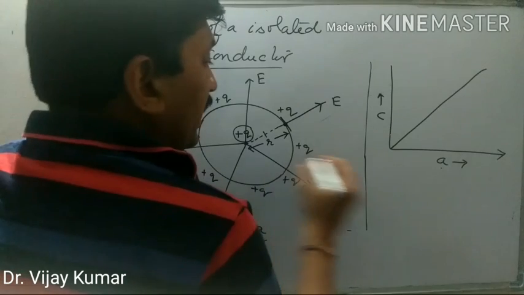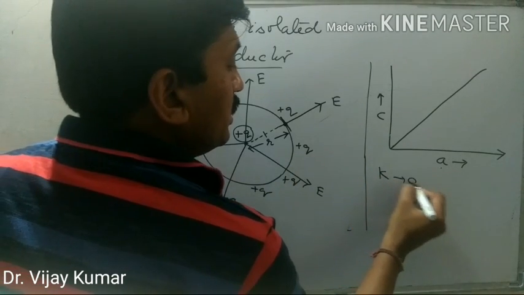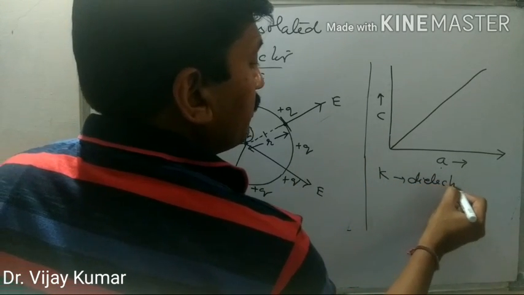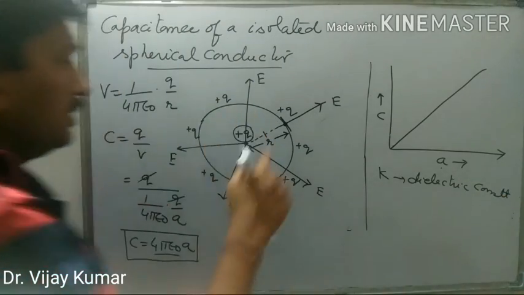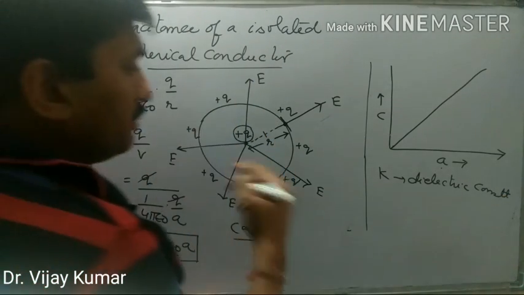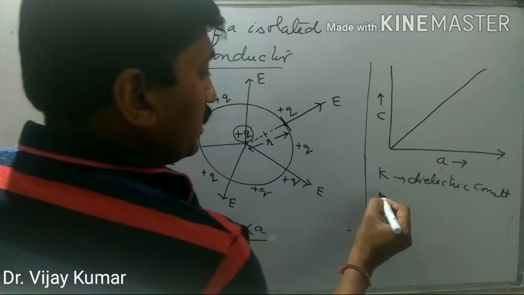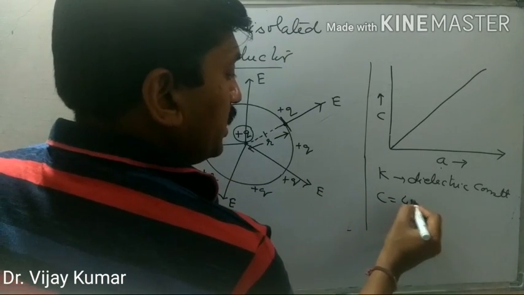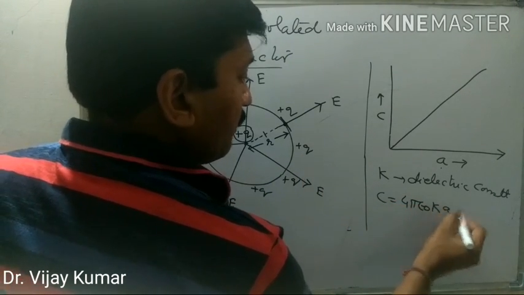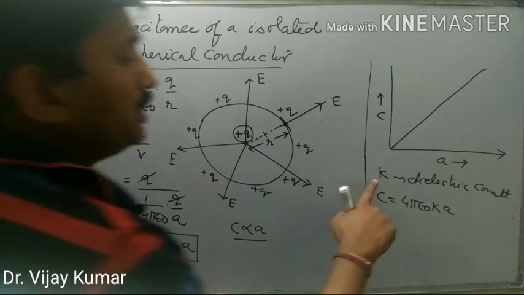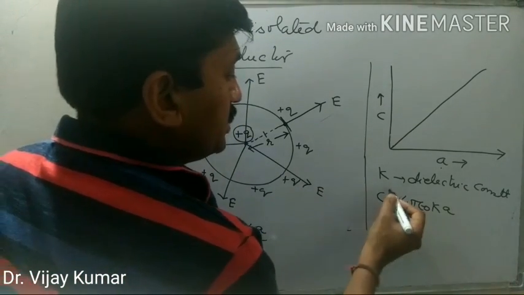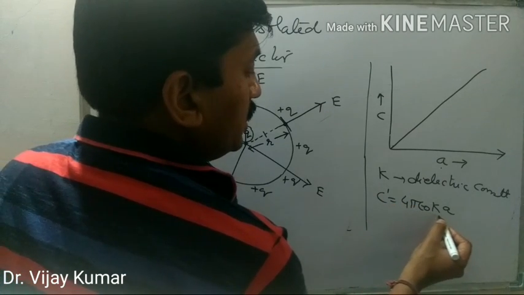And if K is the dielectric constant, and a dielectric is introduced around the sphere, then capacity should be 4 pi epsilon naught Ka. Epsilon naught is permittivity of free space. After introducing this dielectric, capacity becomes C dash equal to 4 pi epsilon naught Ka.